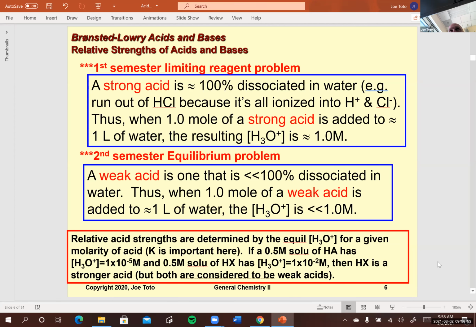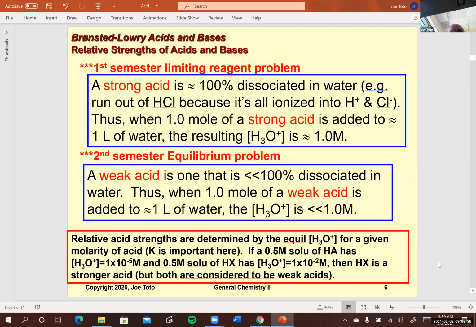To use equilibrium techniques along with acid-base chemistry, we have to be able to recognize when we're dealing with something that goes to completion, like a first semester general chemistry 200 question, like a limiting reagent problem where we run out of something, versus when we have to apply equilibrium techniques for acids and bases that are weak, that don't go to completion, where there's a mixture of reactants and products.